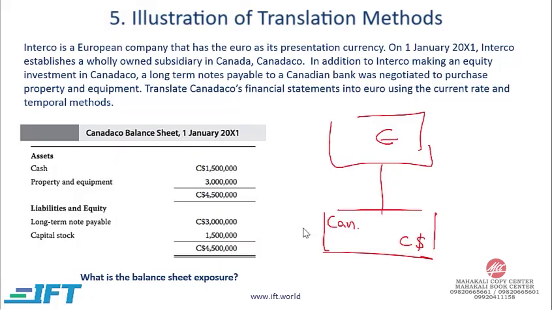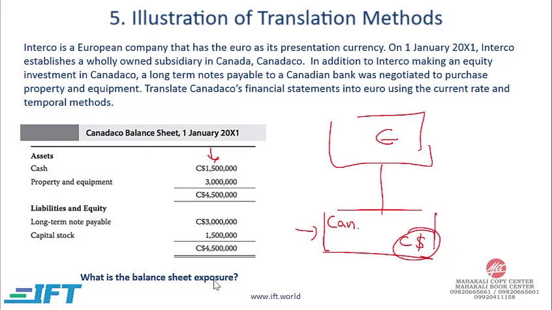When the subsidiary is established, this is what the balance sheet looks like. And note that here the numbers are presented in Canadian dollars. This is the foreign currency. The first question for you is, what is the balance sheet exposure?